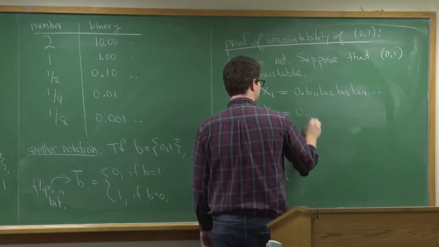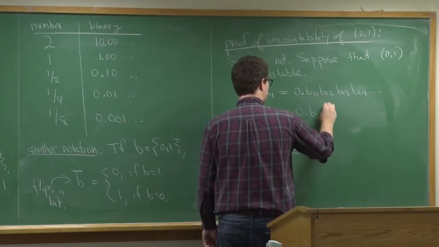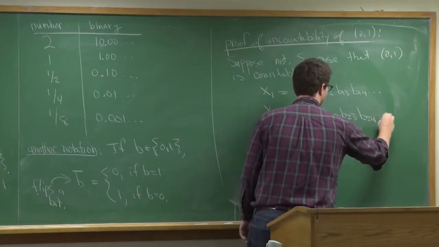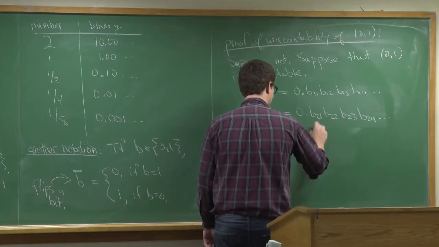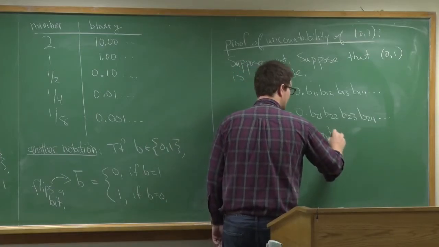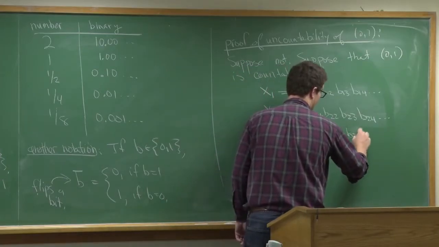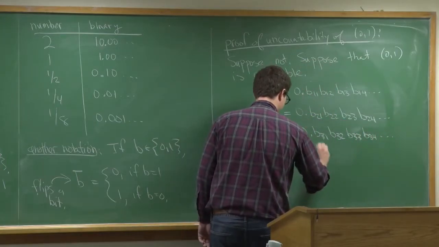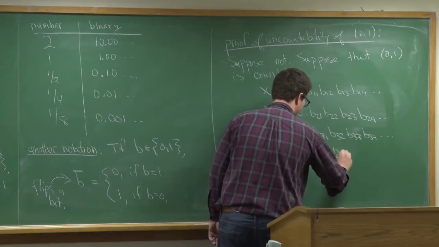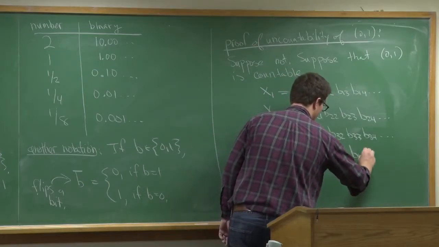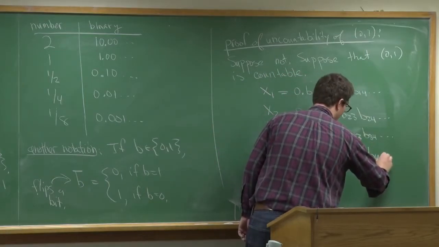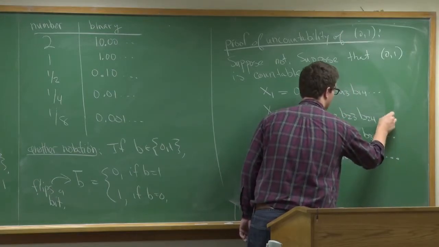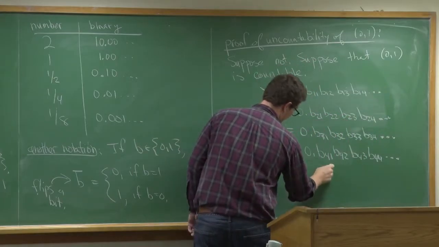Okay, so this is 0.b21, b22, b23, b24, and so on. And this is 0.b31, b32, b33, b34, and so on. Okay, and this is 0.b41, b42, b43, b44, and so on. Okay, and so this side also continues.